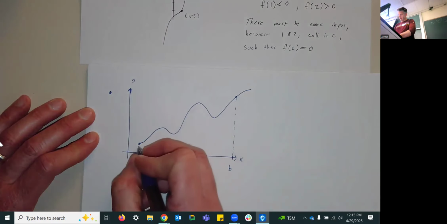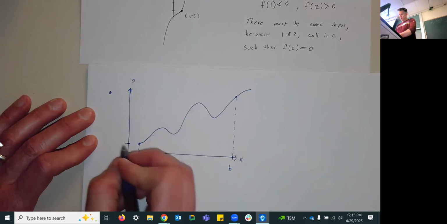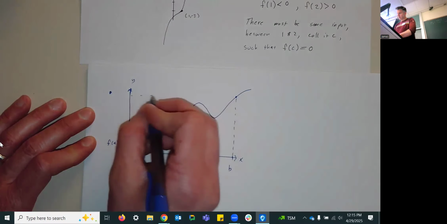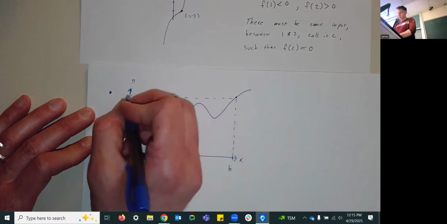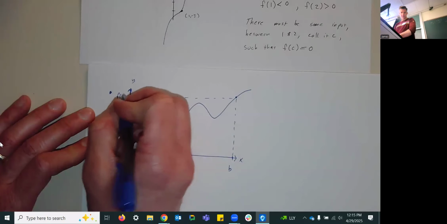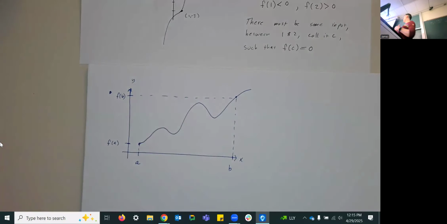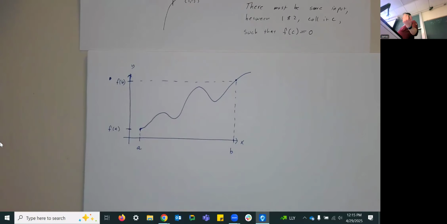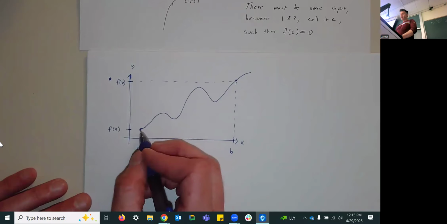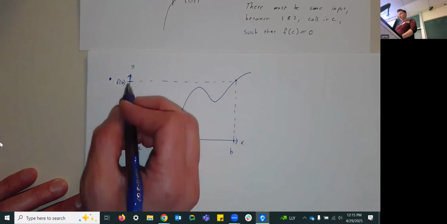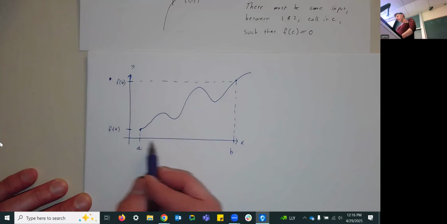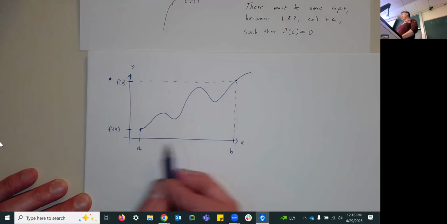That's our B there. This output is F of A. And this output here is F of B. And as long as your function's continuous, which it certainly appears to be from the way I've drawn it, we have to be able to get every y value between F of A and F of B using some x value that lives between A and B.